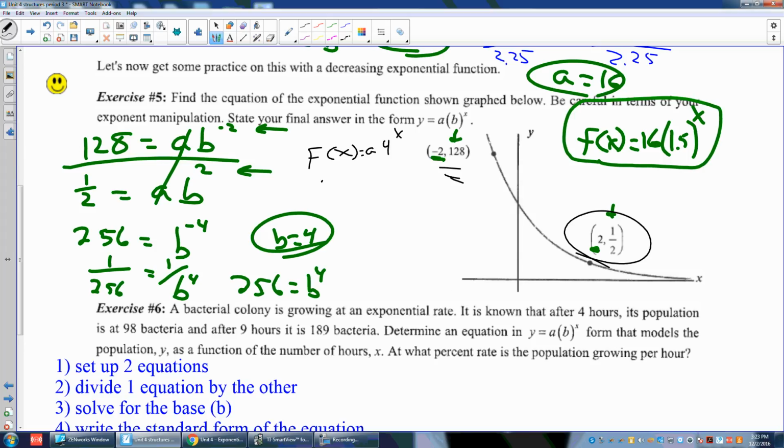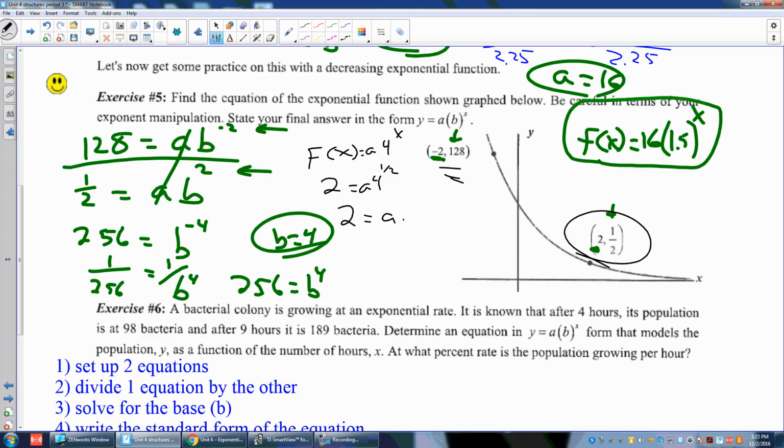I'm going to use the positive values. So 2 equals a times 4 to the 1/2. I'm just trying to go fast. Sorry about that. Slow down, Mr. Bryce. 4 to the 1/2 is 2.